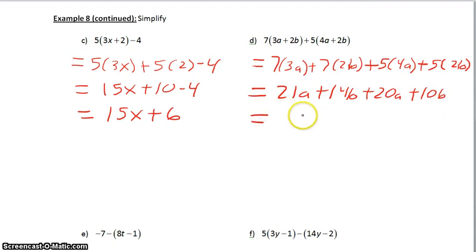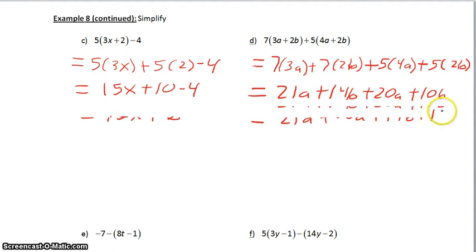Now we organize the like terms. We will have 21a plus 20a. We will have 14b plus 10b. And I don't know what just happened here, but we could scratch this out. We will rewrite that again.